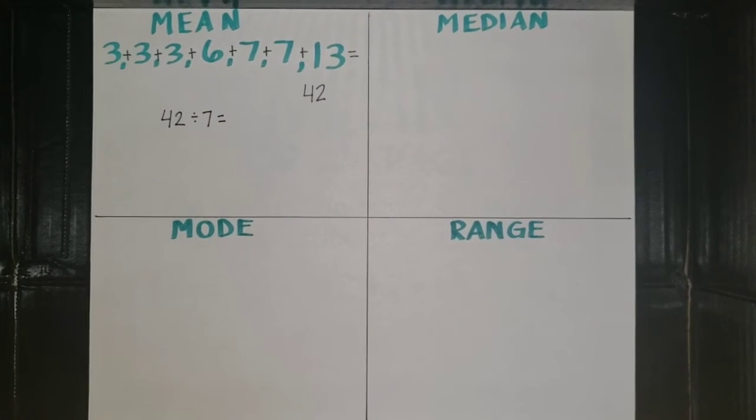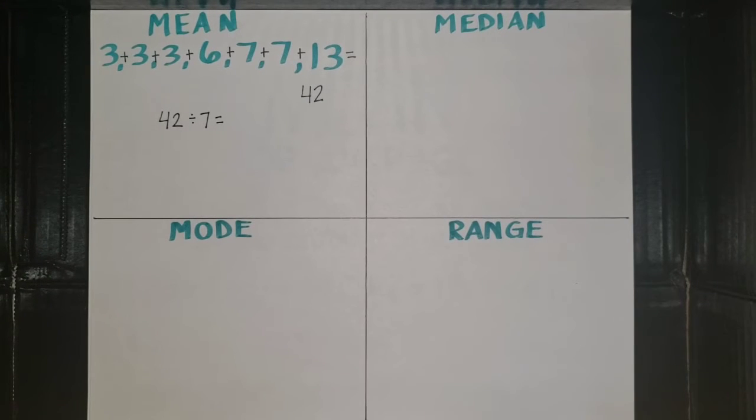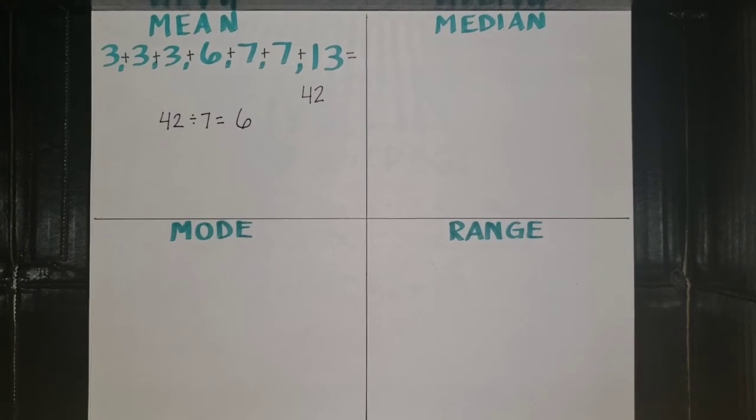Use your calculator or your workspace now to find the quotient of 42 and 7. I bet you got 6 as your quotient because you are an amazing mathematician. So 6 is the mean number of TikTok dances that you and your friends know.